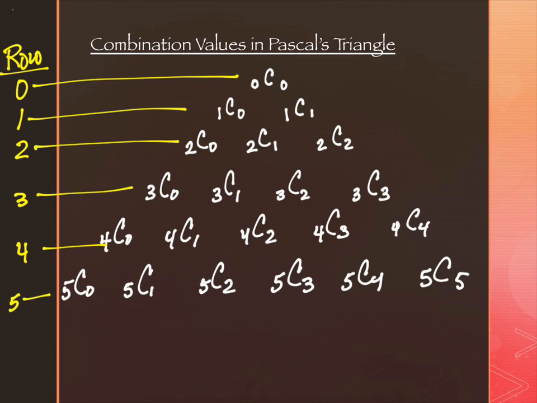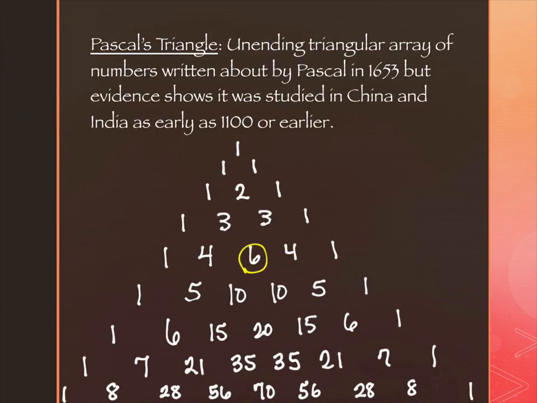So in some sense from here, you can kind of see why I've called them the rows that I have, because they match the number that's in front of the C on that row, right? So like on row 4, it says 4C0, 4C1, 4C2, 4C3. Everybody see that? Okay. So over here, I want us to label our rows the same way. Row 0 down to, in this case, it'll be row 8.